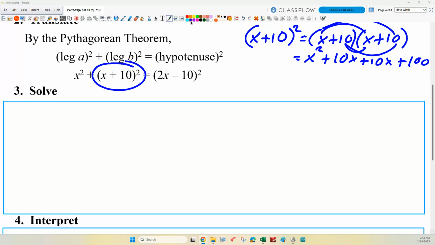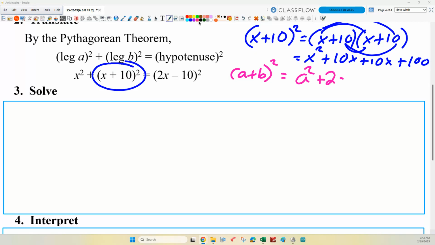We have a pattern for this too, though, remember? What's our pattern for a plus b quantity squared? A squared plus, not b squared. What's in the middle? 2ab. There you go.